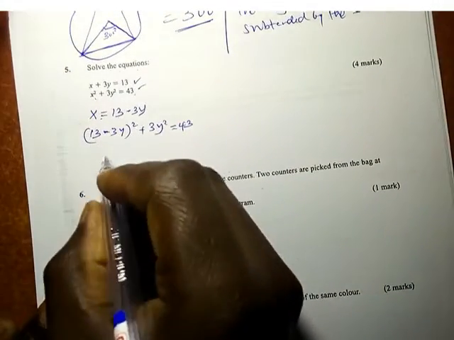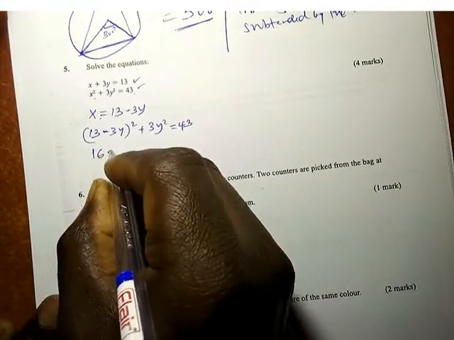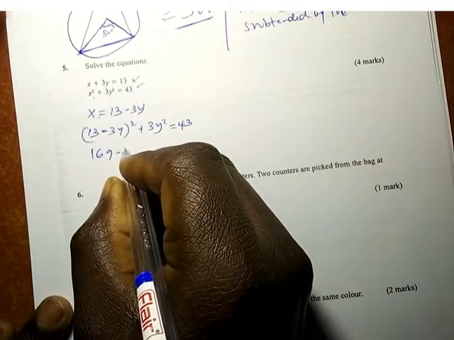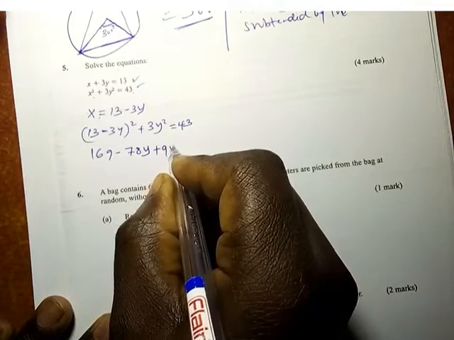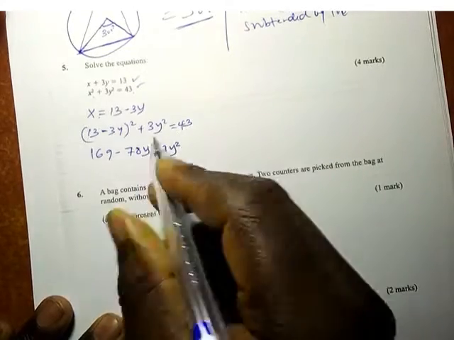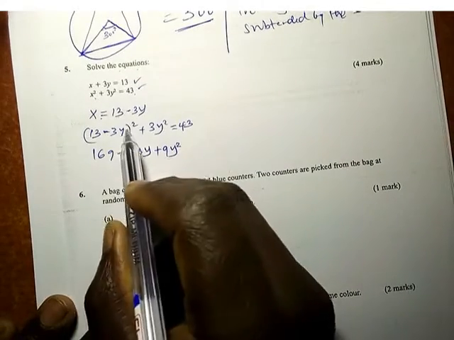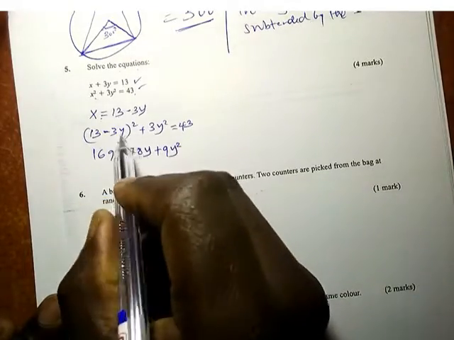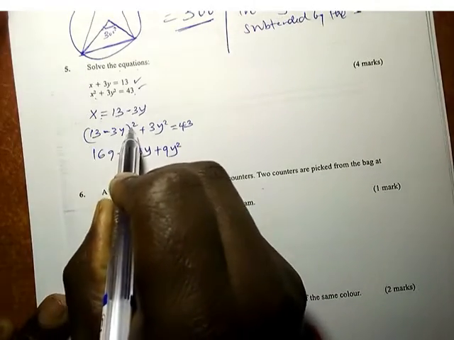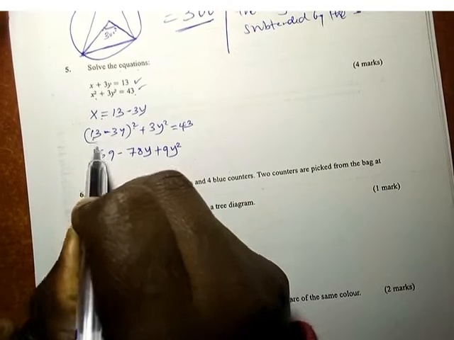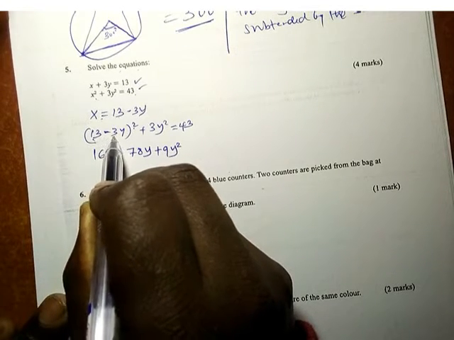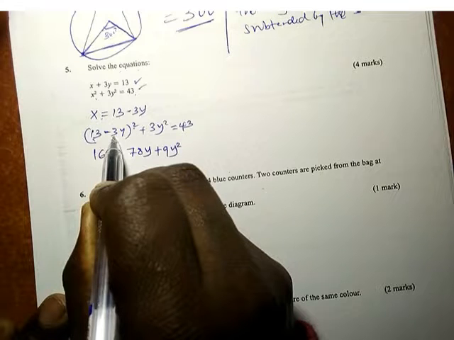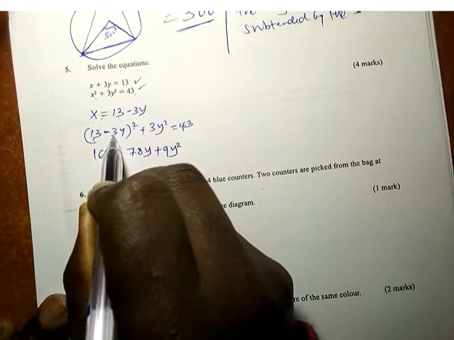So we open this one, it is going to be 169 minus 78y plus 9y squared. So I hope you know how to open it. If you don't know how to open this one, okay, let me show you. If we want to square this, 13 squared is 169. 13 times negative 3 is negative 39.